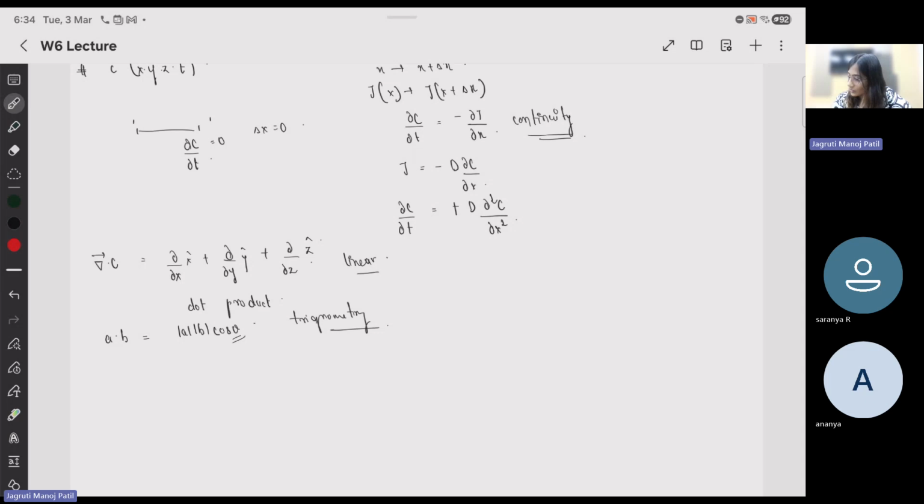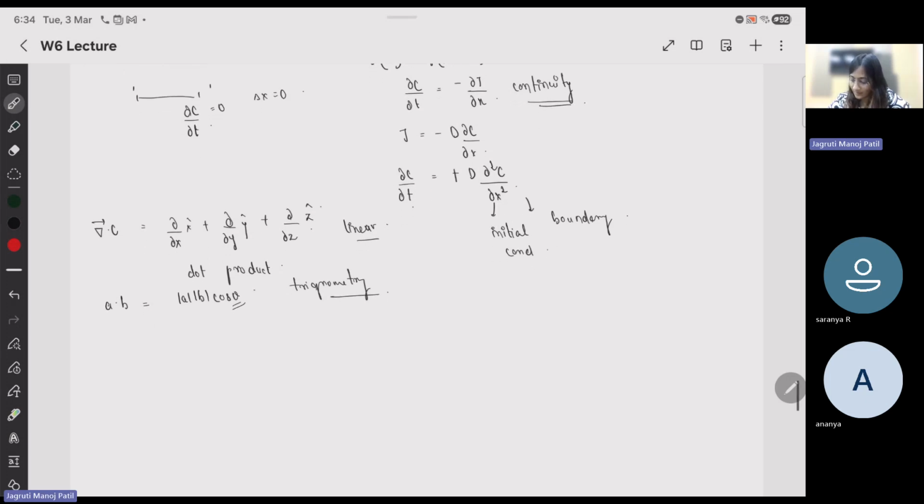Then you know about this thing that we just did. Here it's dependent on initial conditions and boundary variations, both of them. There are some things that the professor taught. That was about how, if you take a Gaussian function, the spread of the Gaussian function and the variations are being defined.